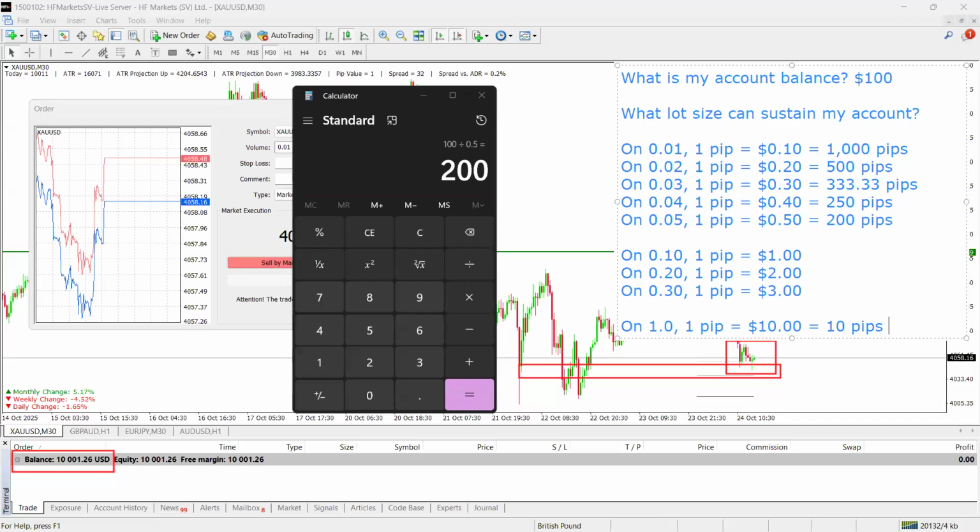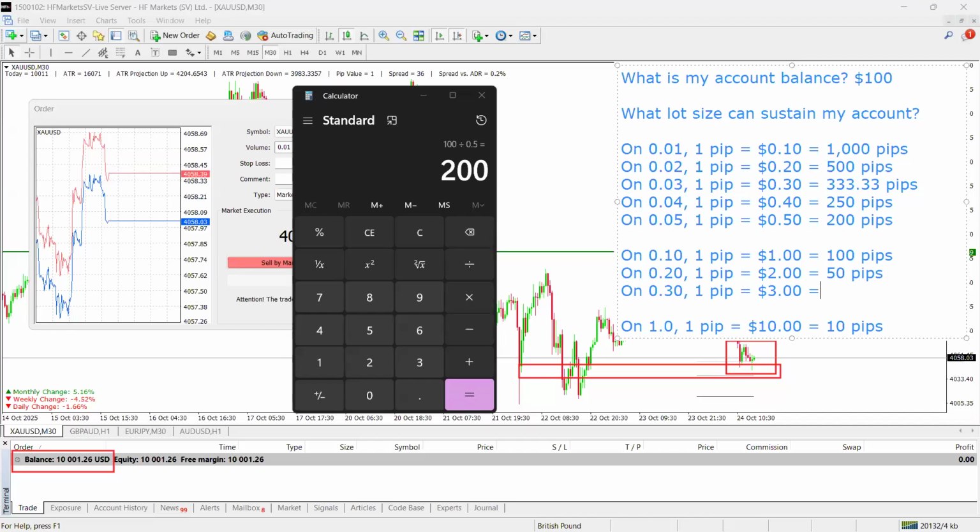Your account cannot sustain that trade. Because this one reduces it to 100 pips, this one takes it to 50 pips, and this one less than, let's say, 33 or thereabout.